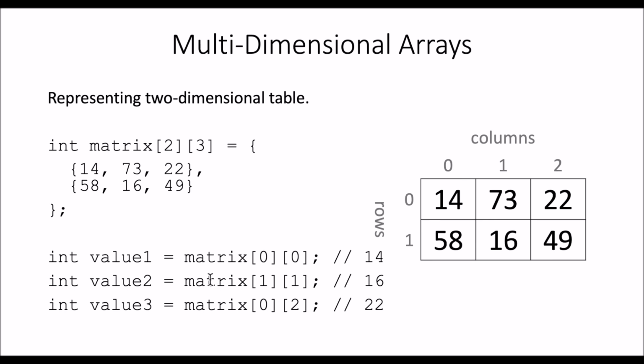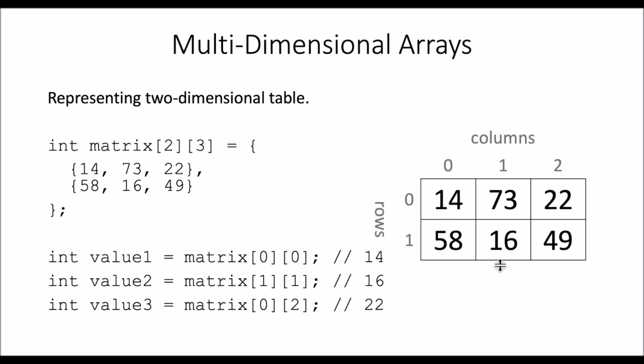Now in code, I write down the identifier of my 2-dimensional array, which is matrix, then a pair of brackets specifying the index of the first dimension and another pair of brackets specifying the index of the second dimension. So here in brackets 0 and 0. This will give me the value 14.